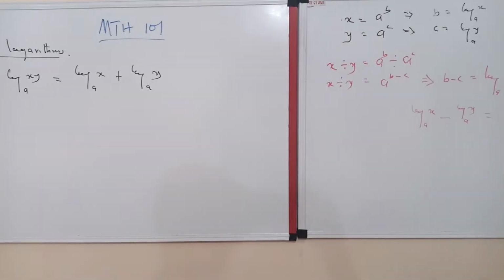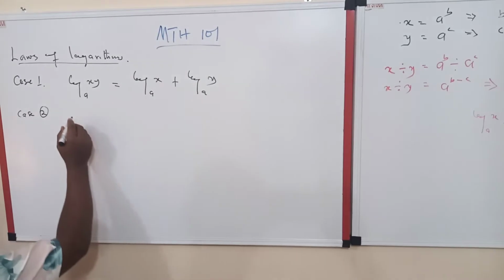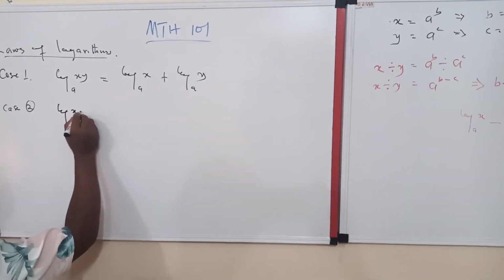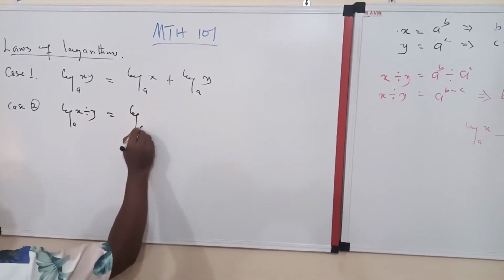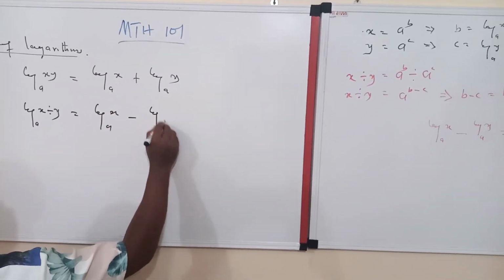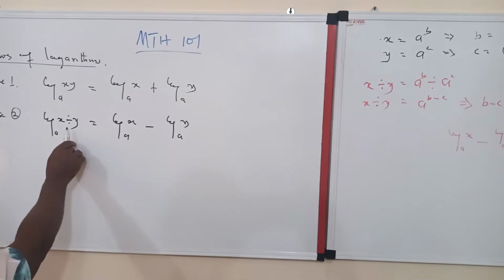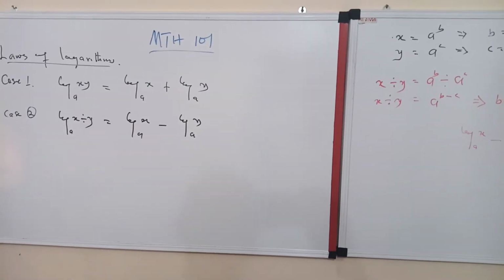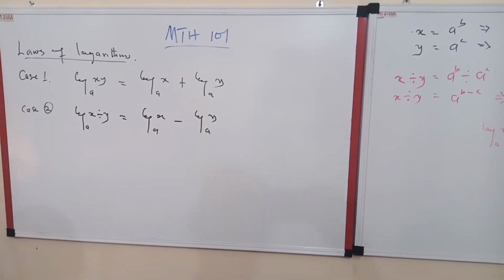So we can write it here as our second case: log base a of x divided by y is equal to the log base a of x minus the log base a of y. This simply means the log of the quotient is equal to the difference of the logs.